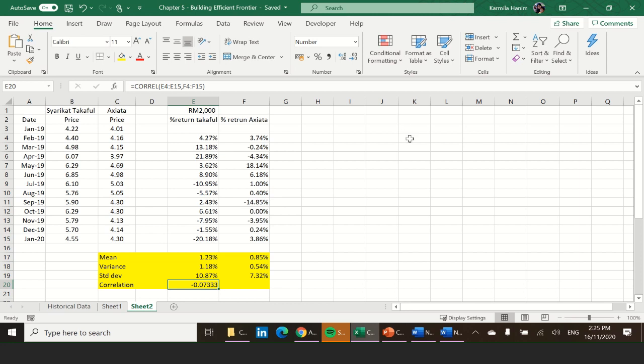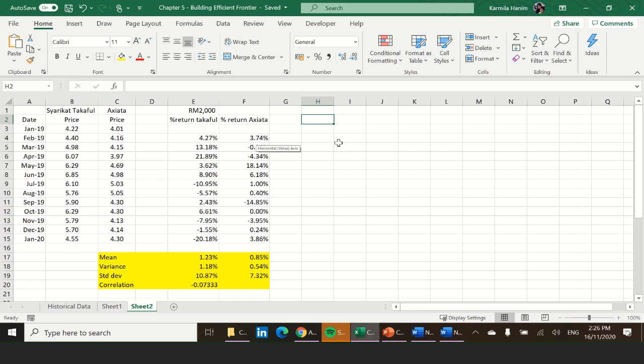Okay, having said that, you can also decide to invest in both of the stocks, Takaful as well as Axiata. And if you invest in both, you can build a portfolio. But like I said earlier, how can you decide the best possible combination between these two stocks?